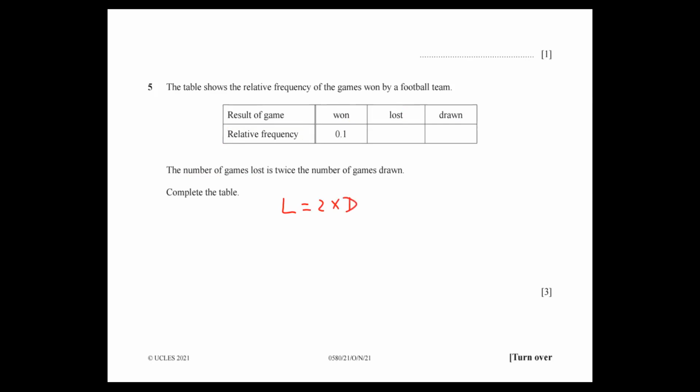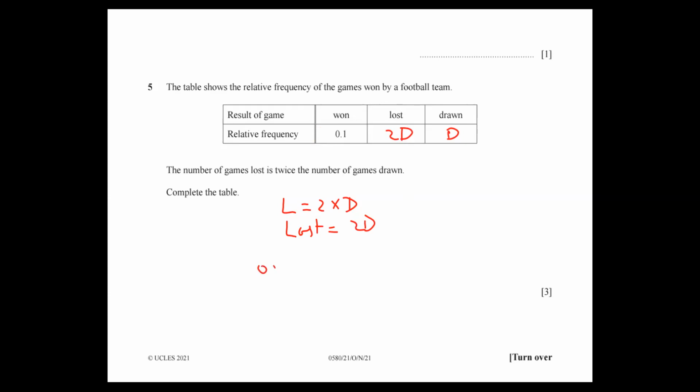So let's say I take D as the drawn, for example. So what is the loss? Loss becomes 2 times D, so I am going to put 2D in the place of loss. And all of you are familiar that the sum of all probabilities equals 1, because when you add the probabilities they must equal 1.